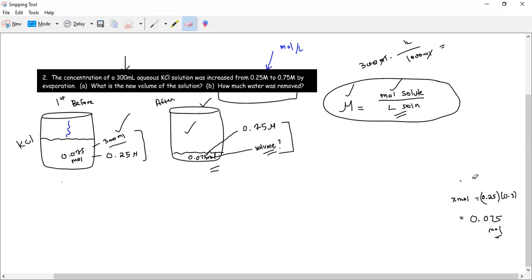The formula essentially says that the molarity in the first situation multiplied by the volume of the solution in the first situation equals the molarity of the second situation multiplied by the volume in the second situation.